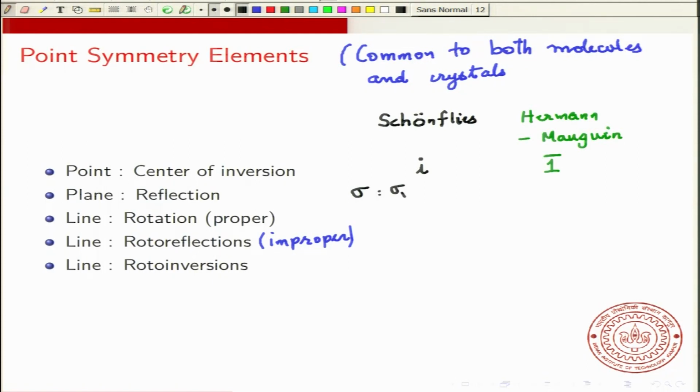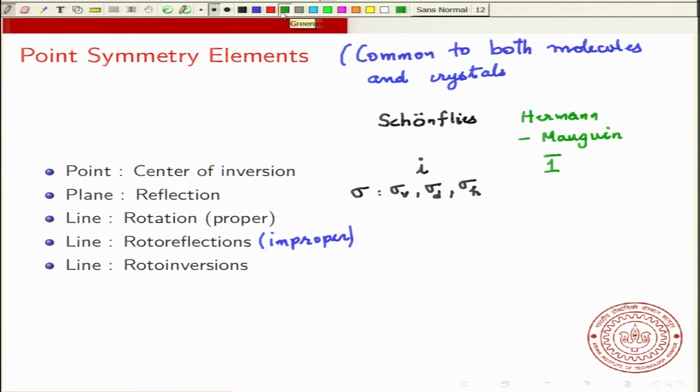You might write sigma v or sigma d or sigma h. They are defined with respect to the molecule, where v, d, h stand for vertical, diagonal, and horizontal. I won't be discussing that in detail, but you will see symbols like sigma v, sigma d, and sigma h. You might have already seen these in other courses on molecular symmetry. So, this is the notation for the reflection symmetry operation.